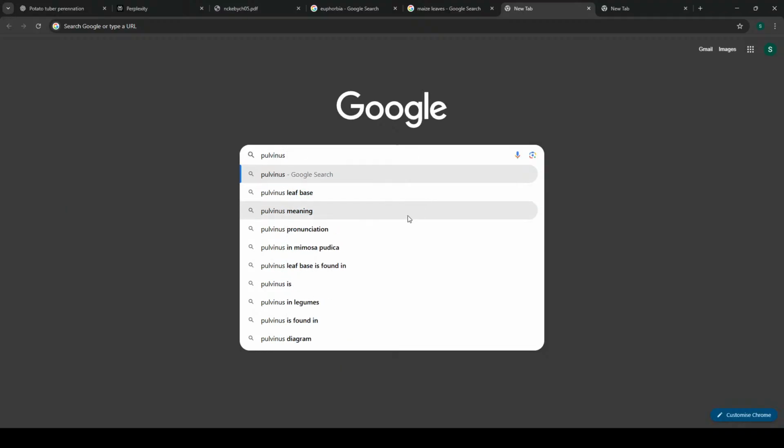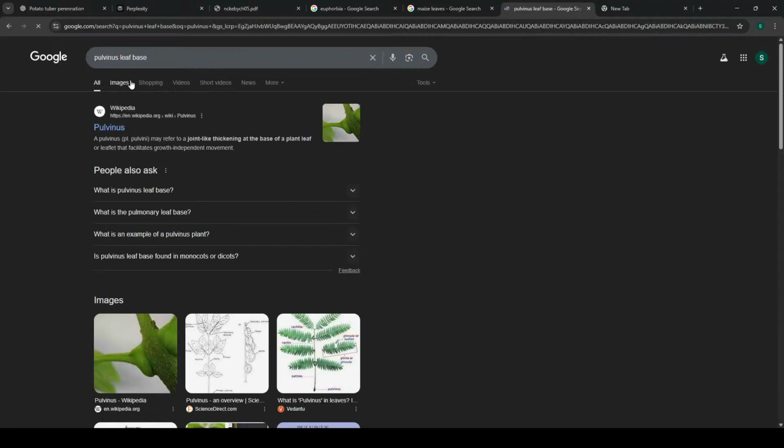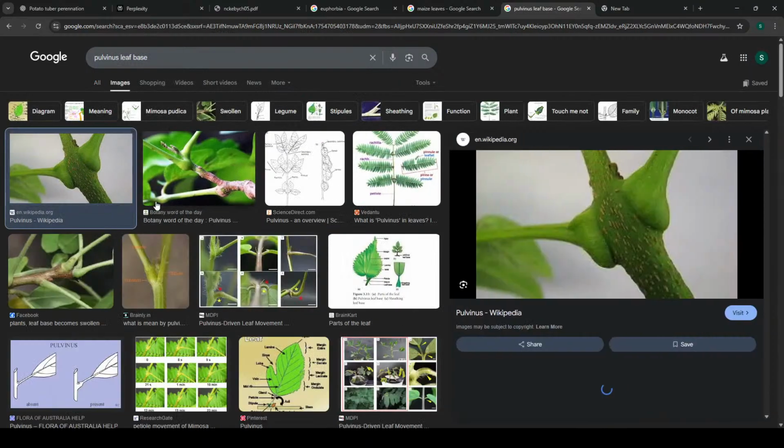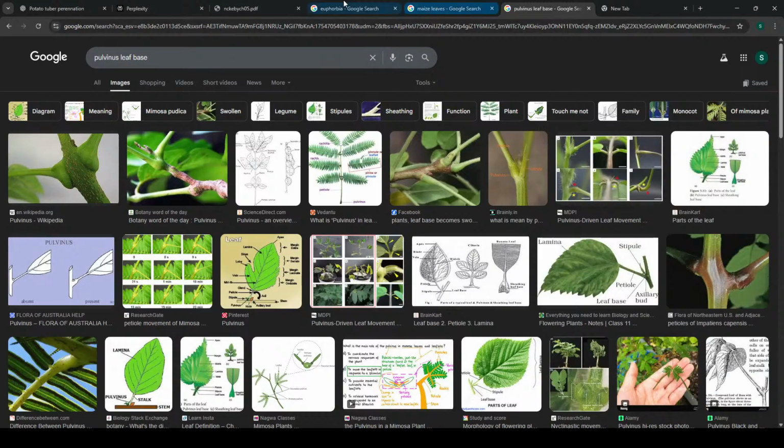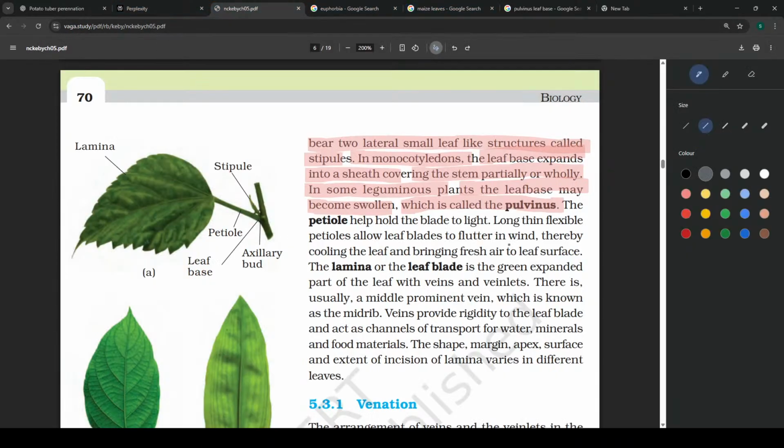This is the pulvinus leaf base, where it is swollen here. This is the special characteristic of a leguminous plant. That is called the pulvinous leaf base.